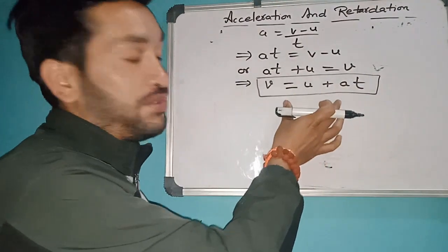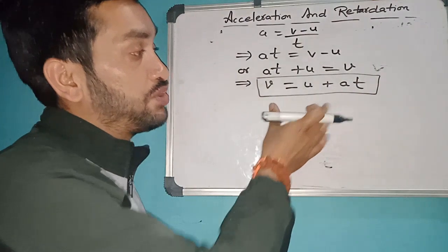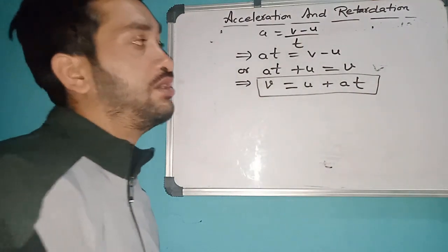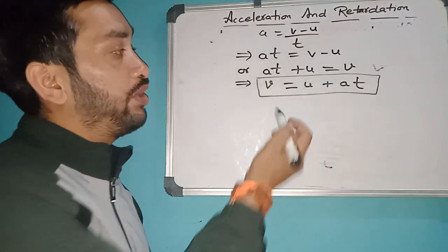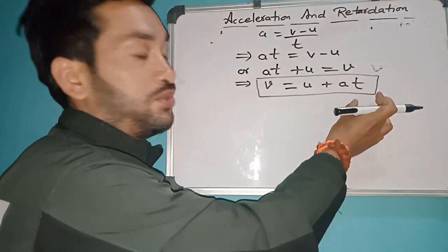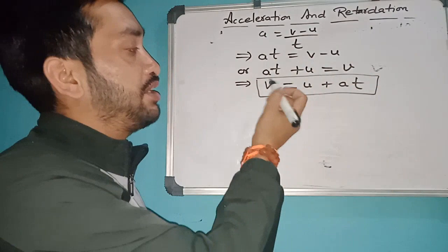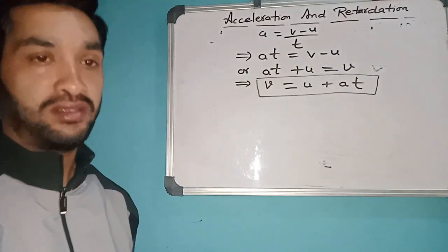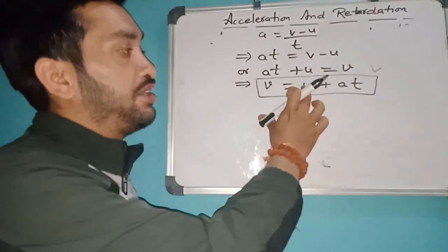Why have I derived this equation? Because you are going to use this equation for your numericals. They will tell you that a body initially moving with this much speed, for this much time, if the new velocity is this much, calculate the acceleration. So they will give you final velocity, initial velocity and time.